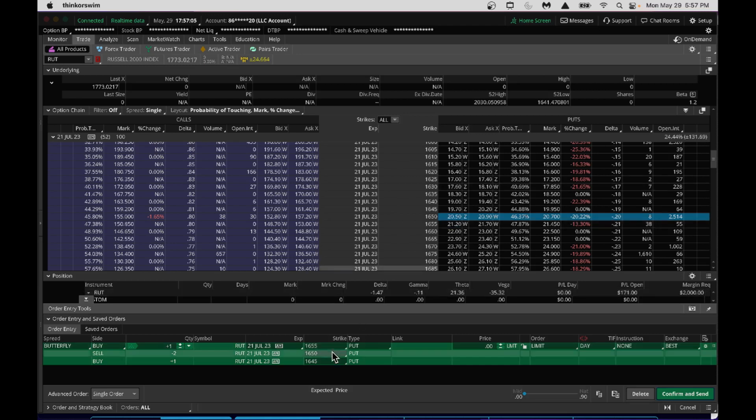So look, on the higher side, we got 1655 here, which is very close. We got some open interest here. I would even bump it up to 1660. There is also good open interest there. Let's make the put that we are buying 1660. Let's go right there.